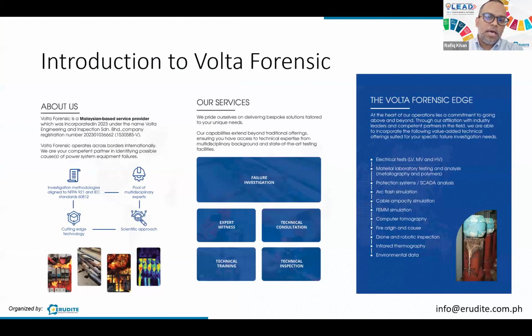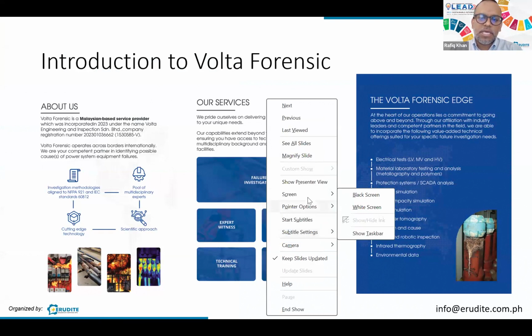So what I will start off is just a brief introduction about my company. I started a small company doing failure investigations. We are based in Malaysia, but we also operate around the APAC region. Our focus area is in power failure investigations.